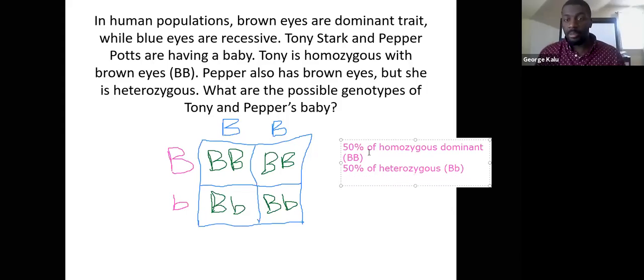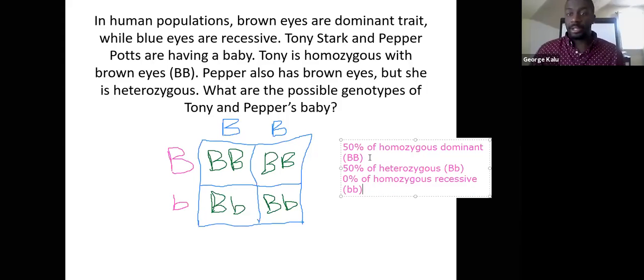What are the chances of having a homozygous recessive offspring here? 0, right? Because we don't see that anywhere in the Punnett square. Homozygous recessive, which is little b, little b. So that's one thing you need to be comfortable with analyzing when you look at your Punnett squares, and the different genetic ratios that you're going to come up with. 50%, 50%, and 0% in this case.